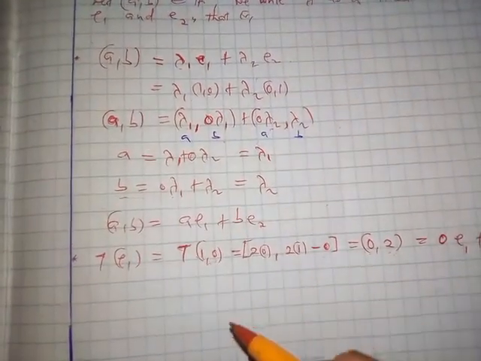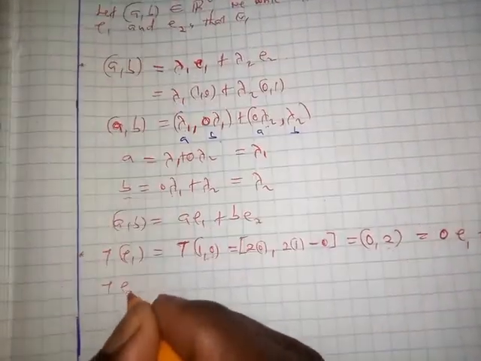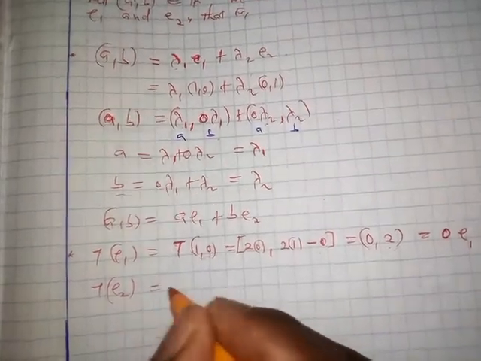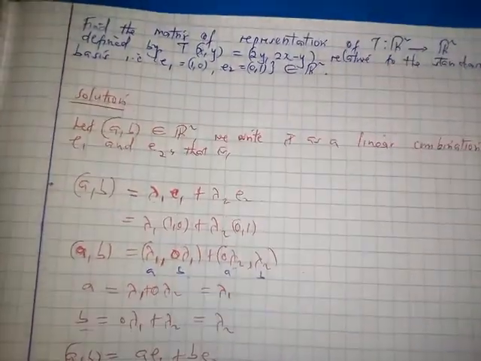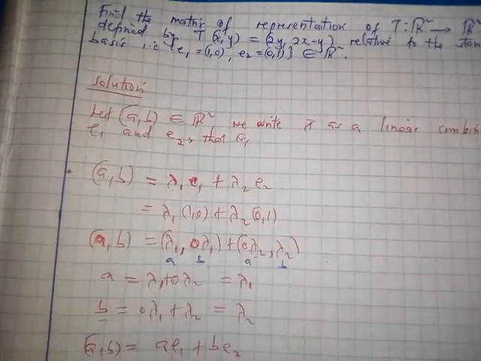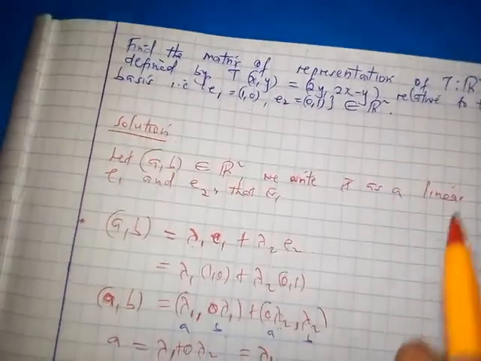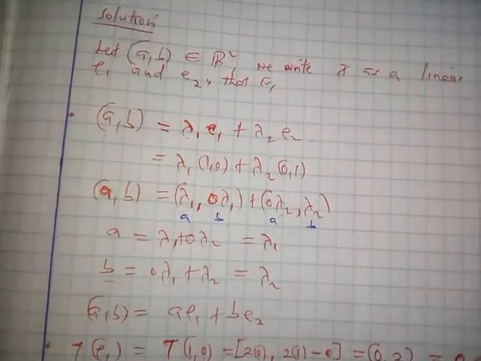The next step, we move to T(E2). We do it the same way. E2 is (0, 1) from the question, so x is 0, y is 1.